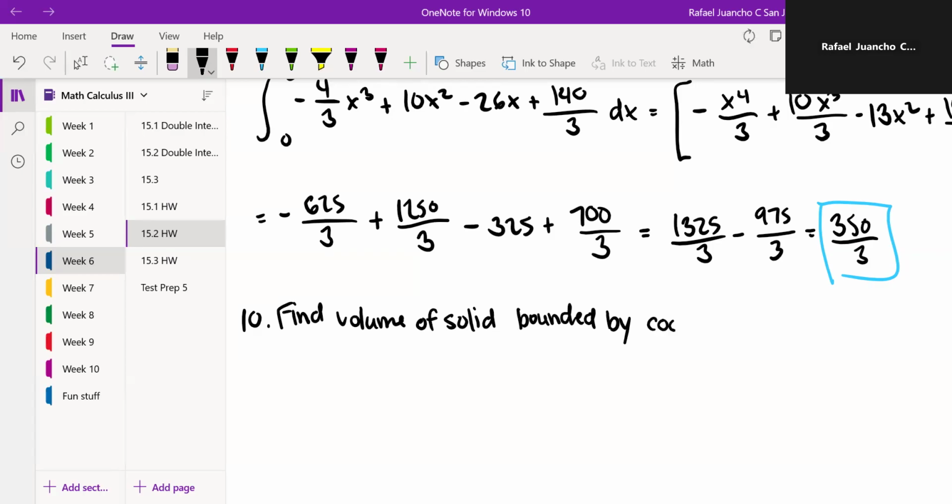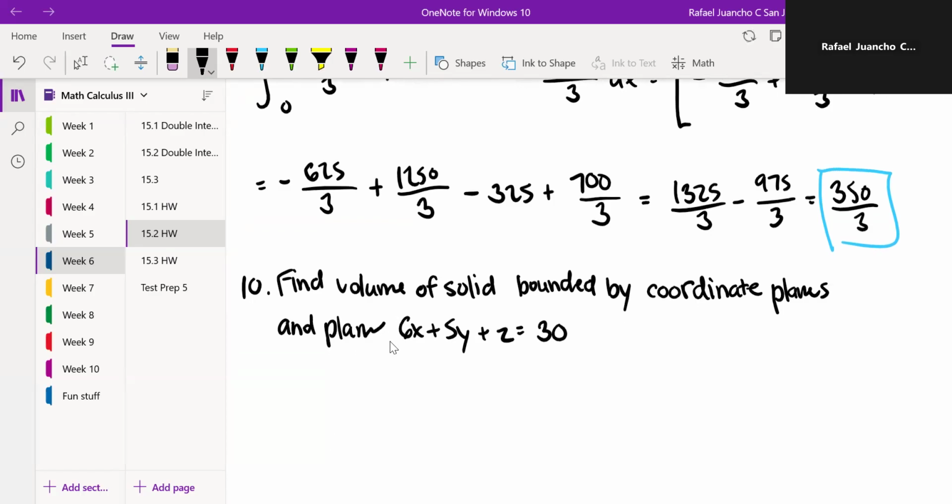It's bounded by coordinate planes, with an s, and the plane 6x plus 5y plus z, which is equal to 30.